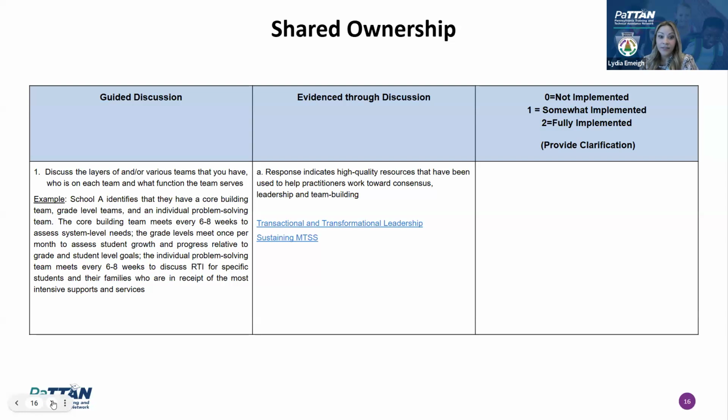This includes evidence of different teams serving specific functions, such as a core building team focused on systems level needs, grade level teams assessing student growth in response to core instruction, and an advanced tier team that addresses the needs of individual students who are not responding adequately to intensive support. Within this Fidelity tool, the LEA team can access links to relevant presentations for review during discussions.